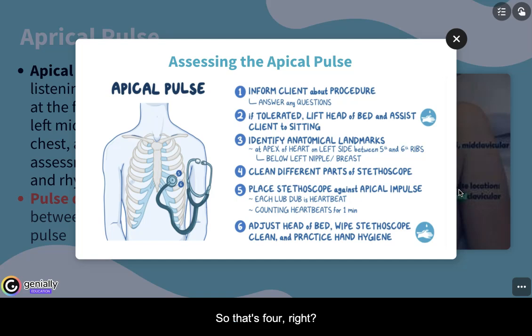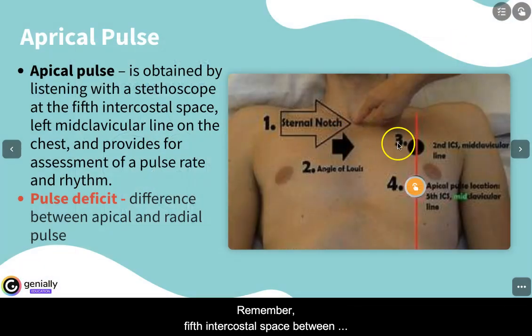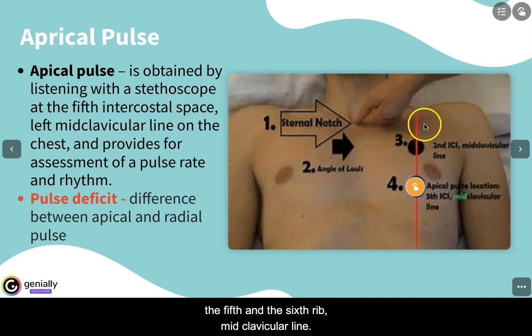So that's 4, right? So you count each lub-dub as 1 heartbeat. Then you adjust the head of the bed, wipe the stethoscope, clean, and practice hand hygiene. So these are the steps to check the apical pulse. Remember, 5th intercostal space between the 5th and the 6th rib, mid-clavicular line. If you notice, it falls right under the nipple.